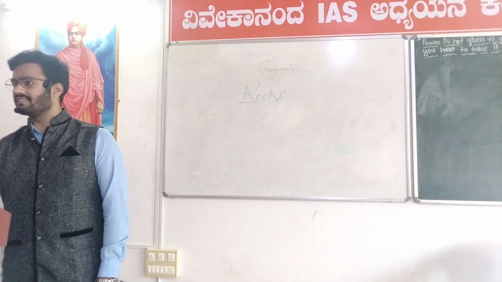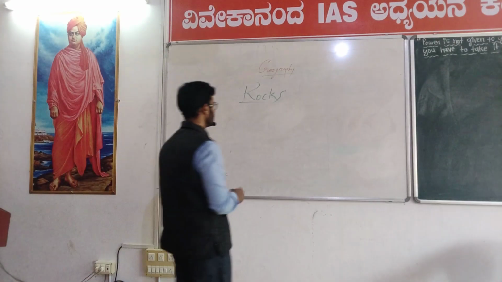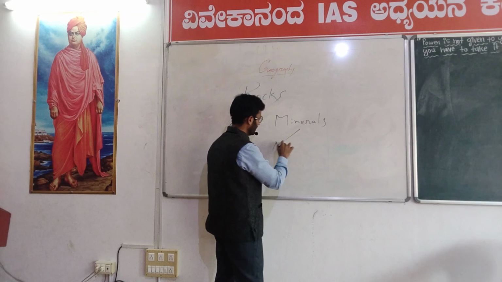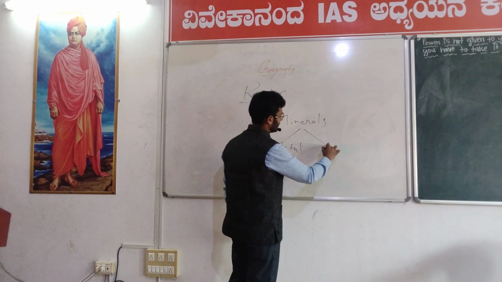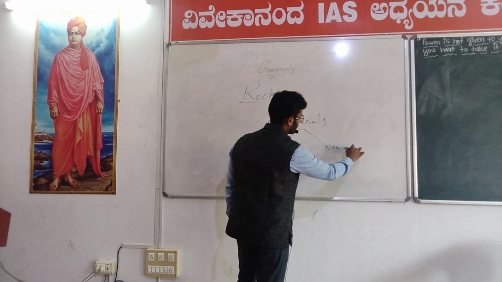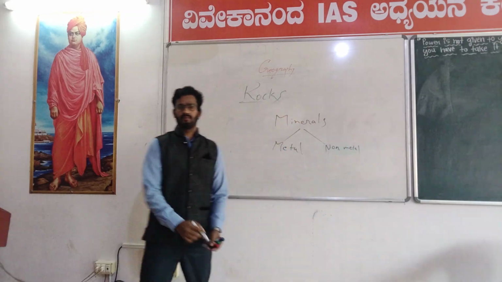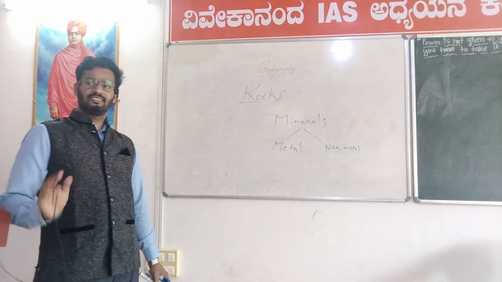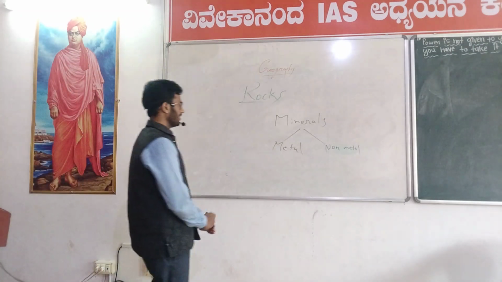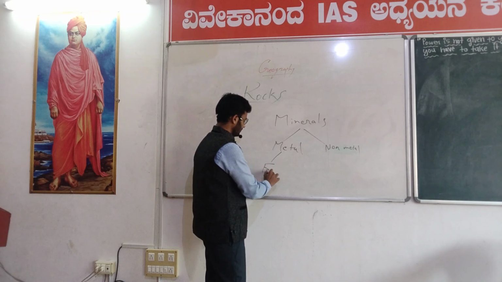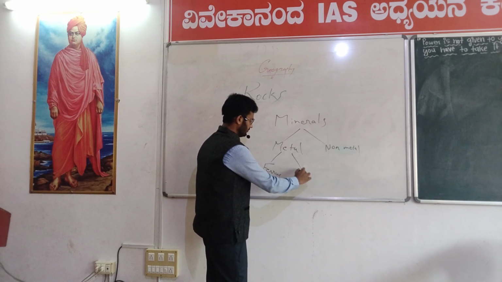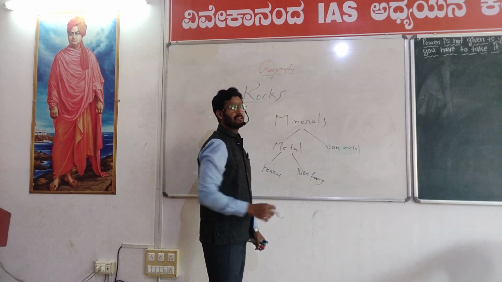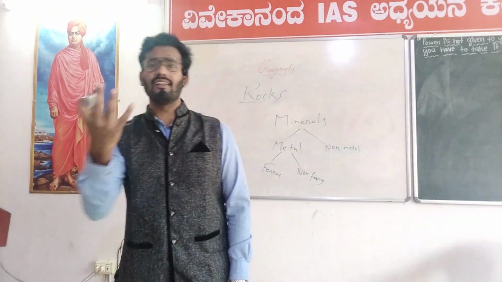In minerals, there are two kinds: one is metal, another one is non-metal. In metals, there are two kinds, ferrous and non-ferrous. Ferrous means something having traces of iron.